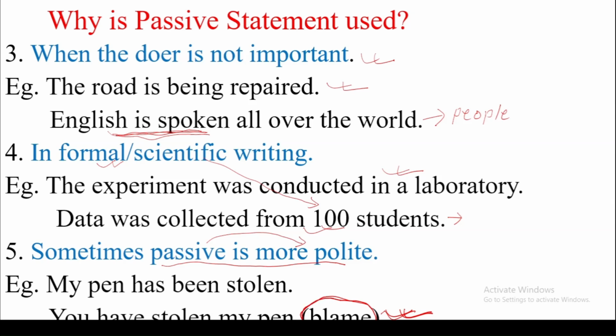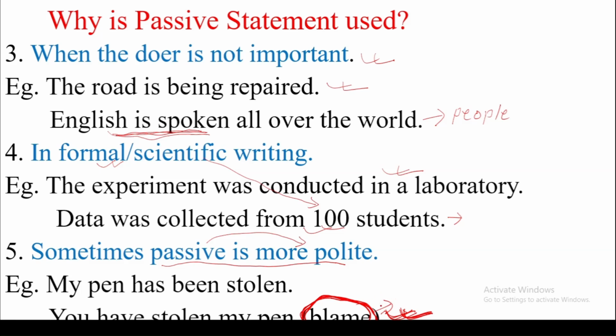Though you don't know who has stolen your pen or how you lost your pen, if you say this sentence to anyone, you are directly blaming him. So it can be less polite. It can be abusive language.